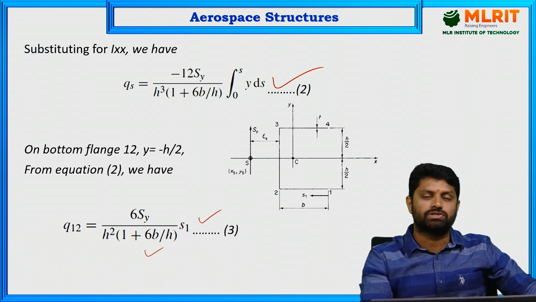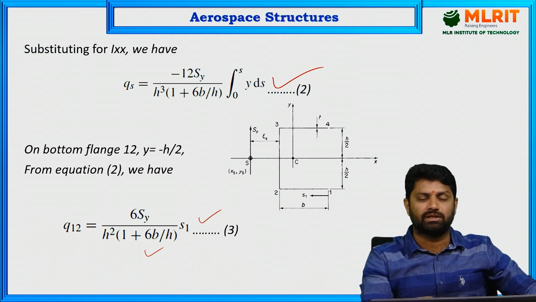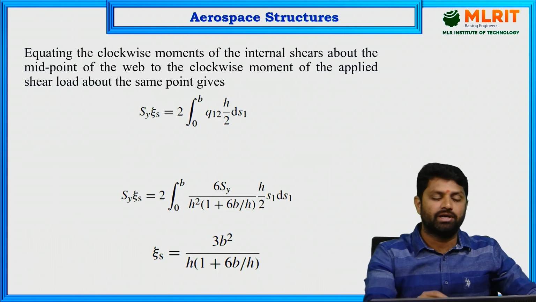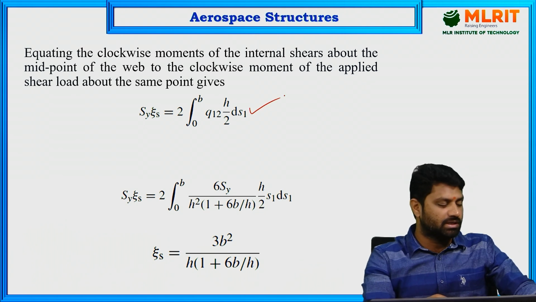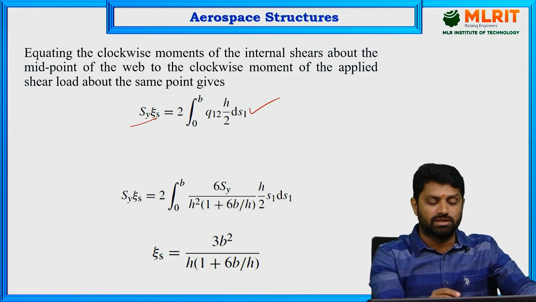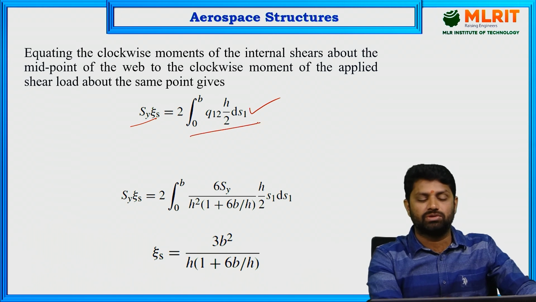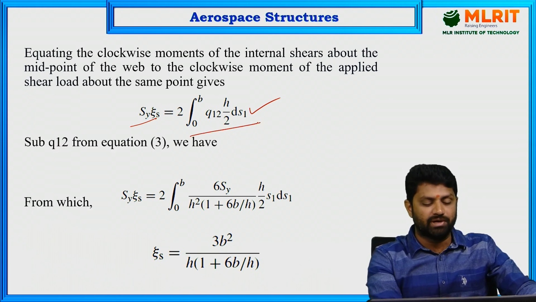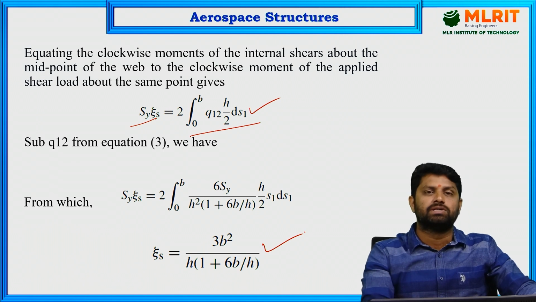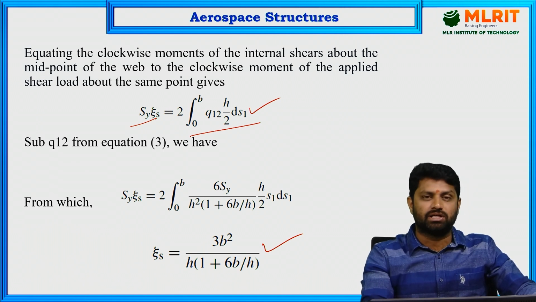Then you calculate the shear center by considering the moment, that is, the moment due to shear load must be equal to the moment due to internal shear flow. When you take the moment and substitute, you get the horizontal position of shear center. So that's how we calculate the shear center position.